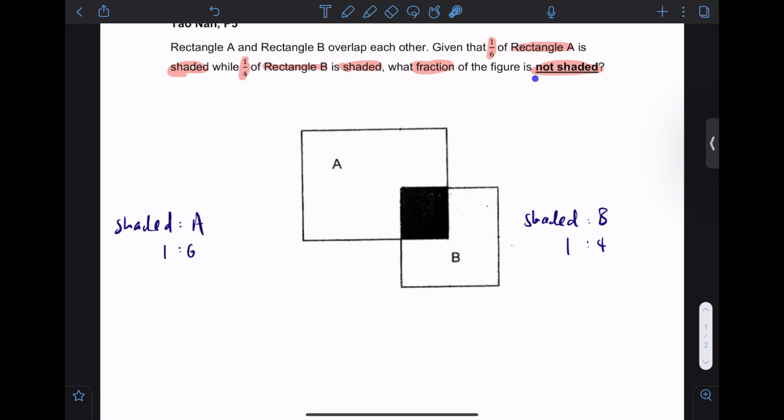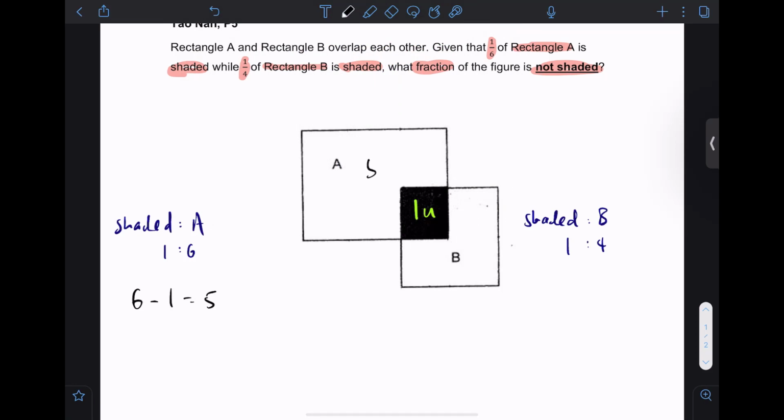Okay, so what fraction of the figure is not shaded? Now that I know that shaded is 1 unit, let's use this color here. And in rectangle A, the area of rectangle A is 6 units, which means not shaded will be 6 minus 1, which is 5 units.